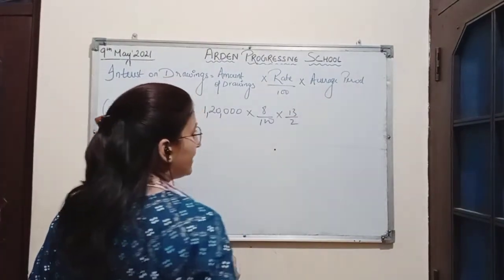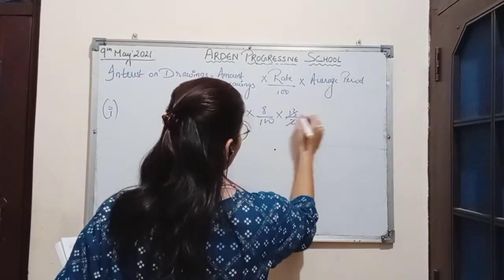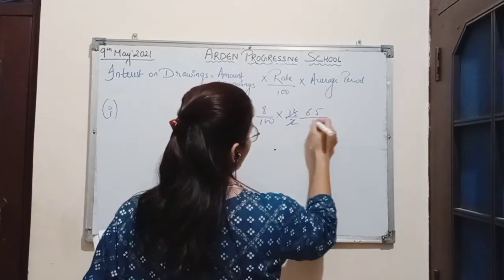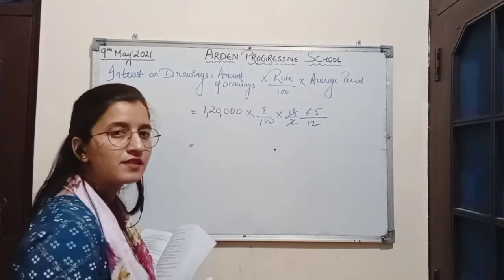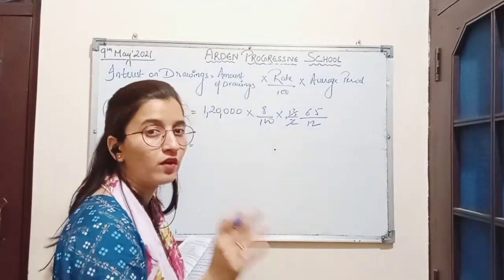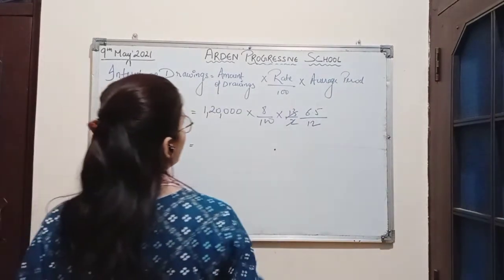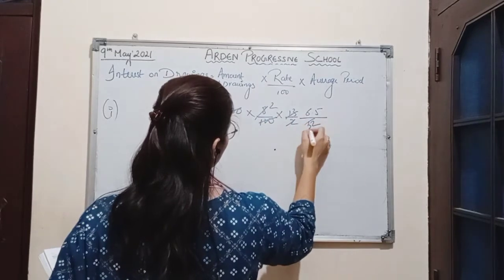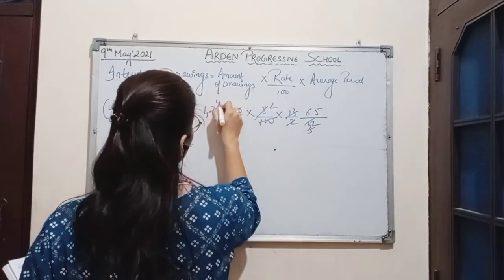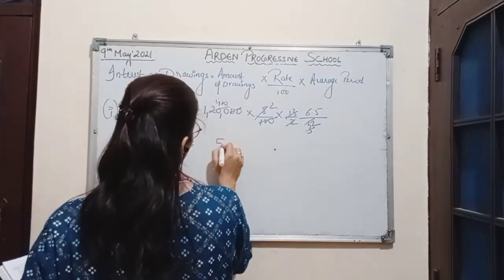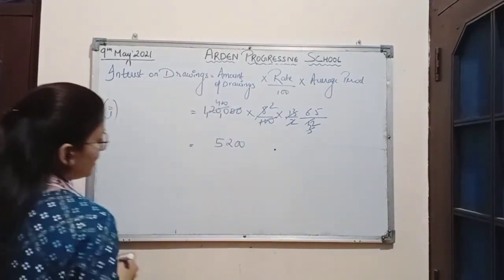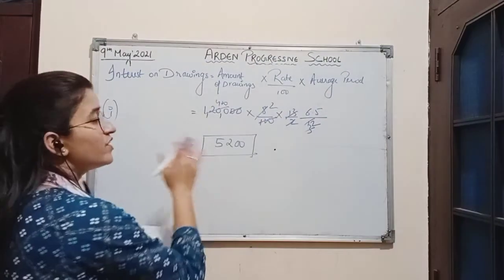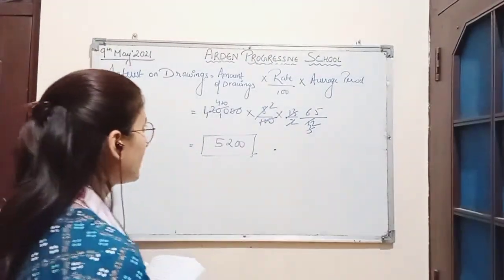So if we divide 13 by 2, we get 6.5 months. 6.5 will be divided by 12 as interest on drawings is calculated on an annual basis. So by solving this, we will get the amount 5,200. So 5,200 is the interest on drawings which will be paid by partner A.